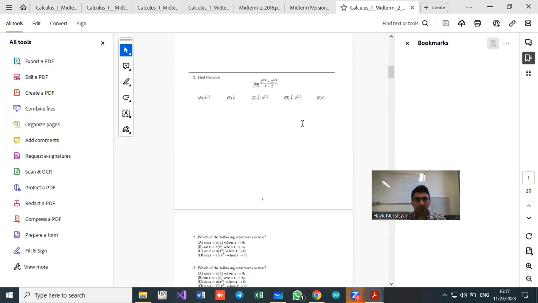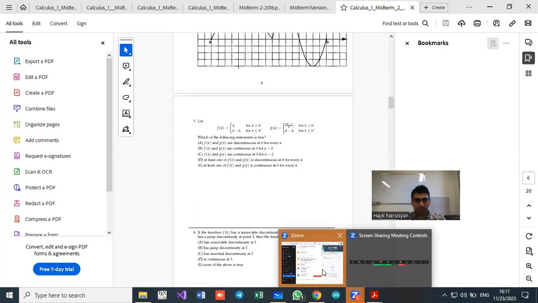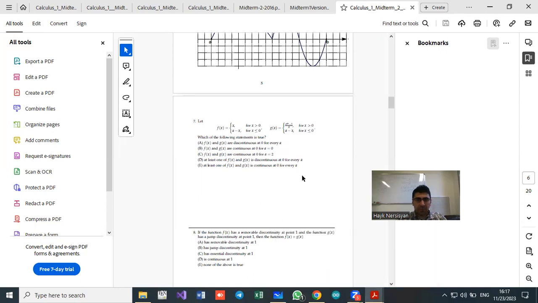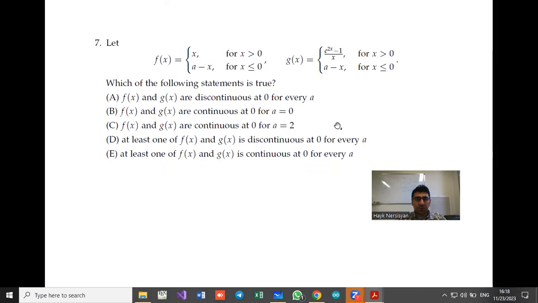Okay, so we should find here a constant a for which these two functions f and g will be continuous. Okay, it's about continuity of these functions.